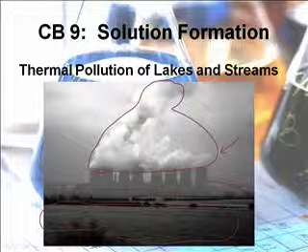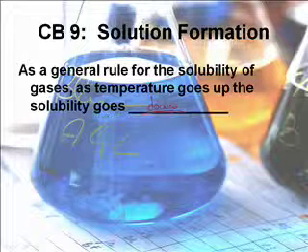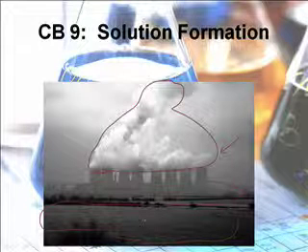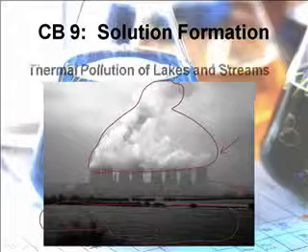Make sense? Even though you use the water and return it, it's completely safe. You're not adding toxic chemicals or nasty things like that. What you're doing is just adding heat to the water. But as you increase the temperature, as we said just a minute ago, the solubility of the gases goes down. You're going to take all of the dissolved gases out of the water, and it's called thermal pollution.